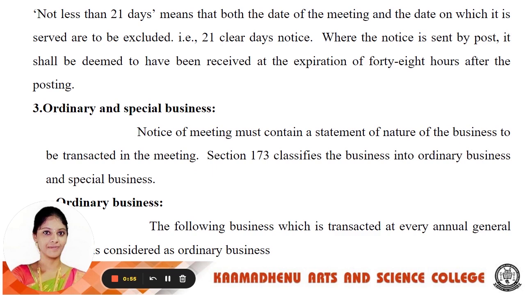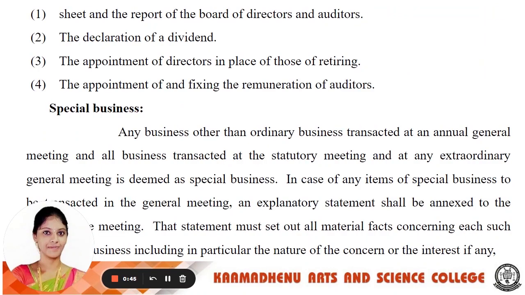The ordinary business means the following business which is transacted at every annual general meeting: the consideration of accounts, balance sheets and the reports of the board of directors and the auditors, the declaration of a dividend, the appointment of directors in place of those retiring, and the appointment and fixing of the remuneration of the auditors.